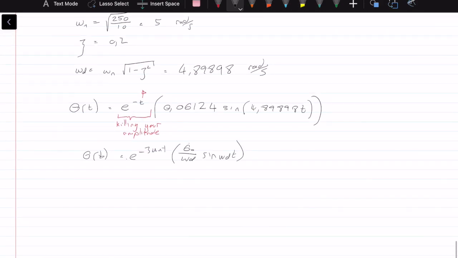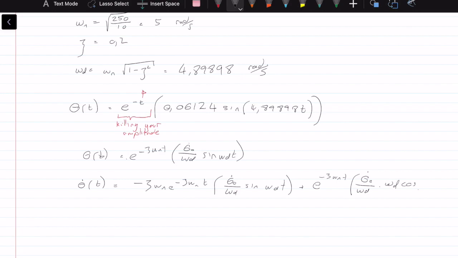Then theta dot of t is equal to, differentiate the first function, minus zeta omega n e to the minus zeta omega n t, theta dot naught over omega d, sine omega d t, plus first term, we leave that, and differentiate the second term. The derivative of sine is cos, but we're going to get an omega d, cos omega d t.